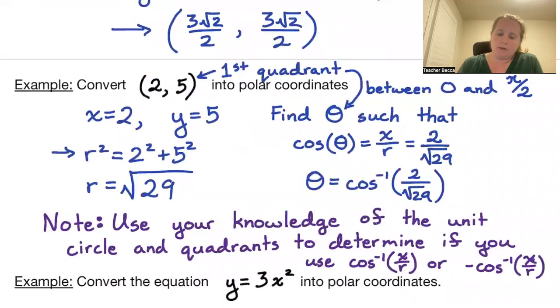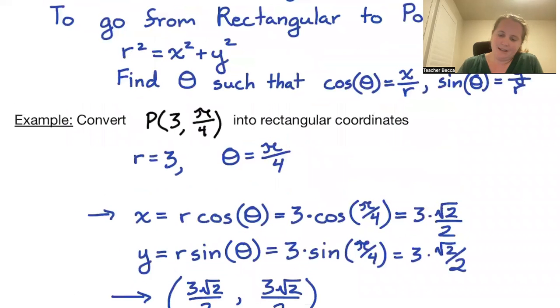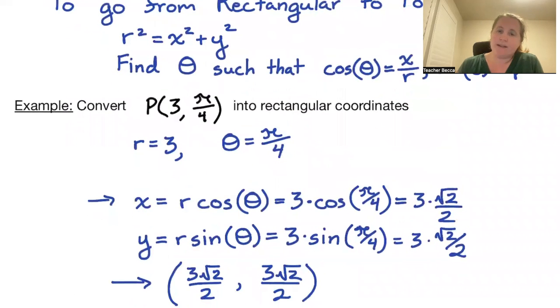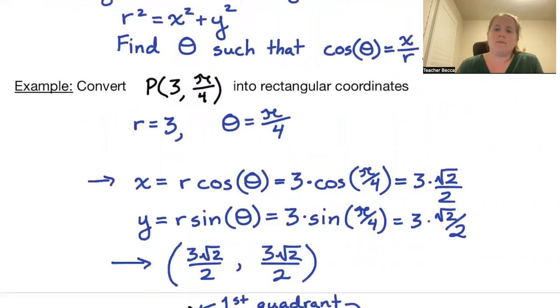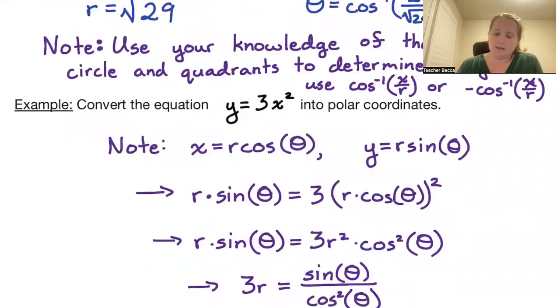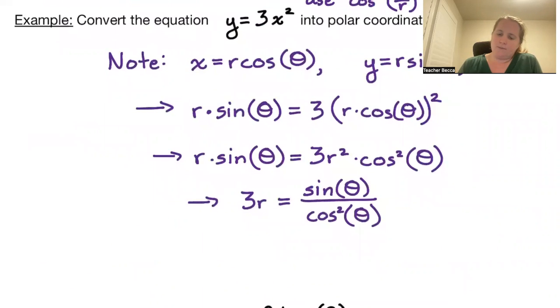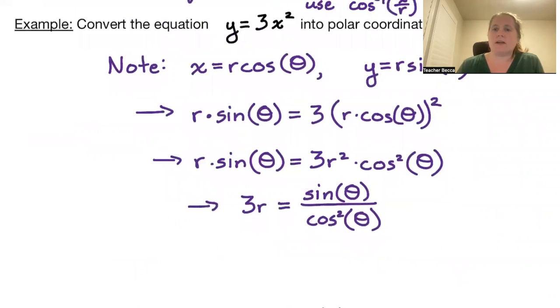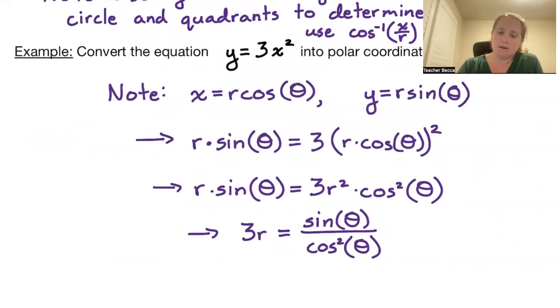So while when we were translating coordinates, it was going from polar to rectangular, where this formula came in handy. To translate equations, it's simple to go from rectangular to polar, right?